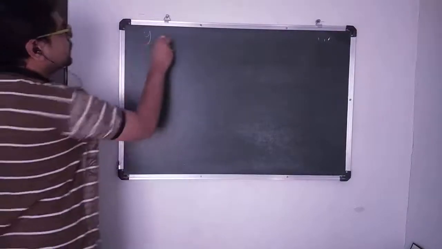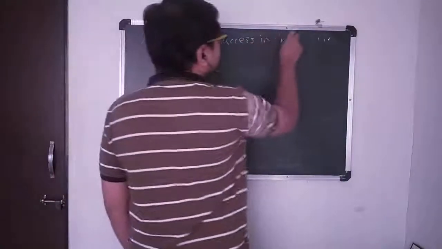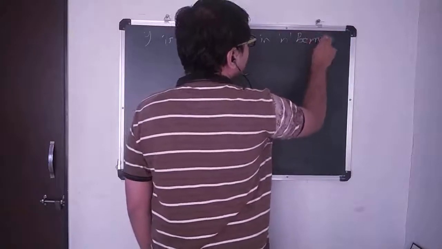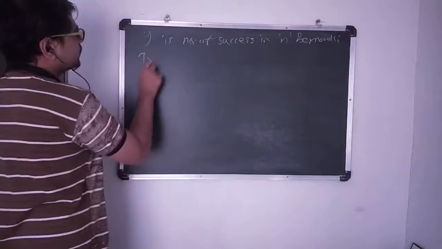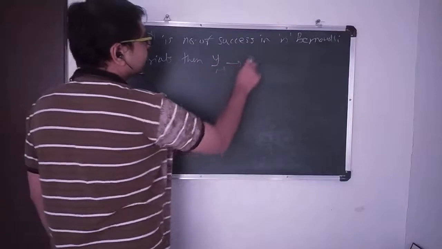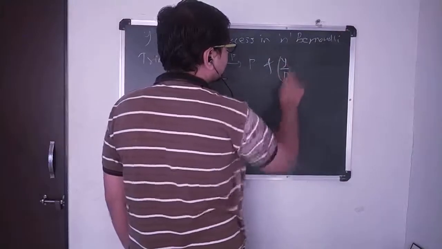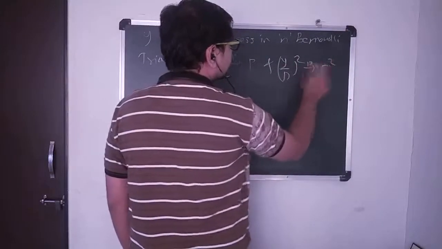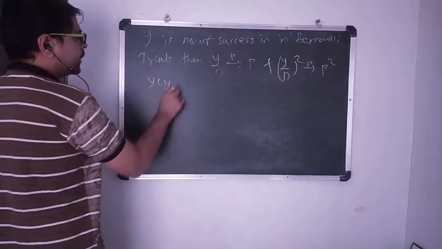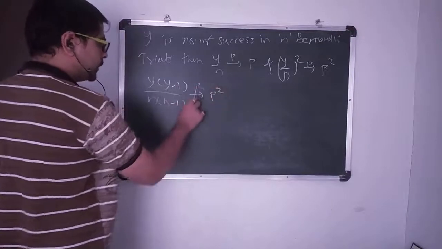So we are now going to see another example of consistency. If Y is the number of successes in n Bernoulli trials, then Y/n is a consistent estimator of p, (Y/n)^2 is a consistent estimator of p^2, and Y(Y-1)/(n(n-1)) is a consistent estimator of p^2.